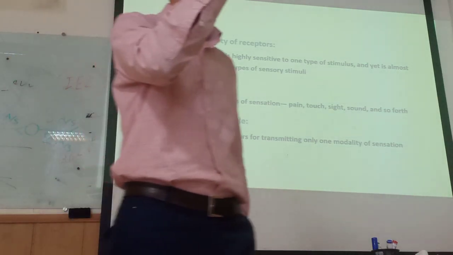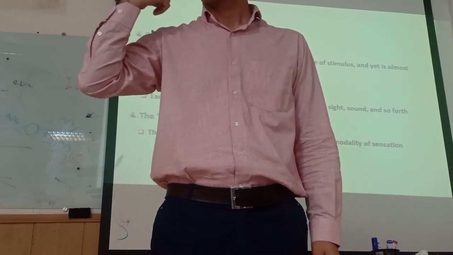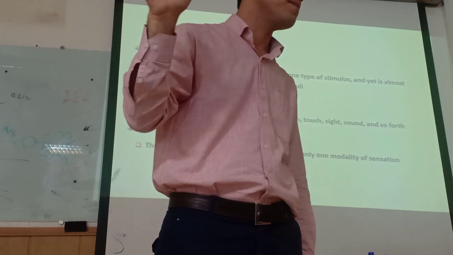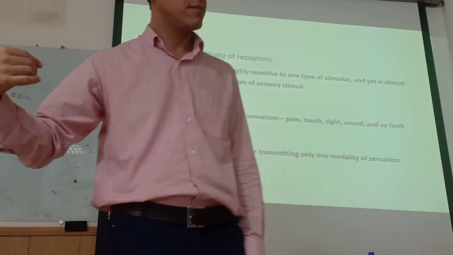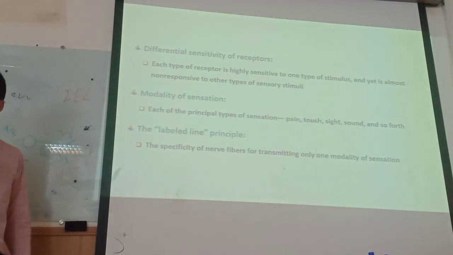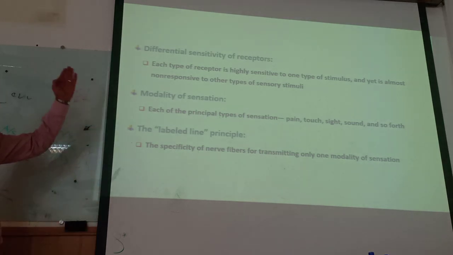Hair receptors in the ears are only sensitive to sound. There is no other way for activation of them. So any receptor has only one special stimulation. We call this differential sensitivity.